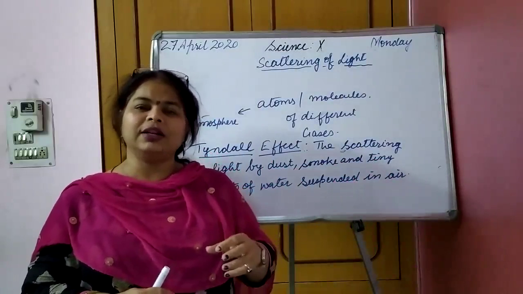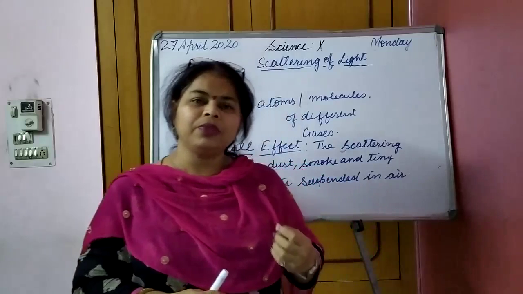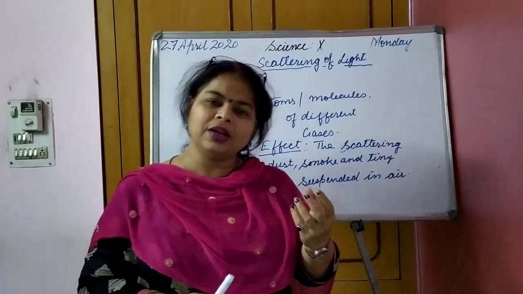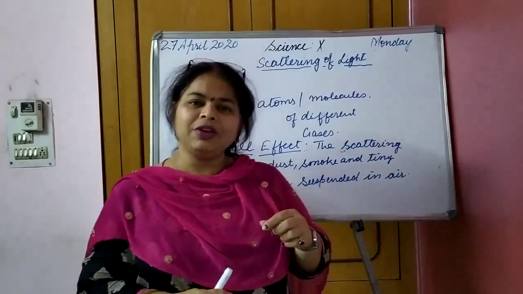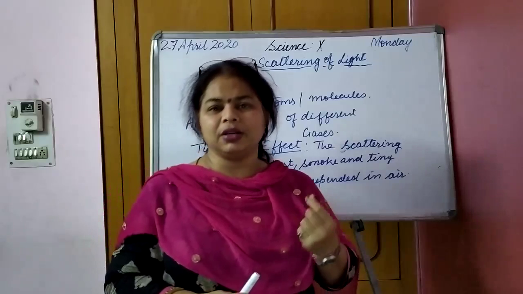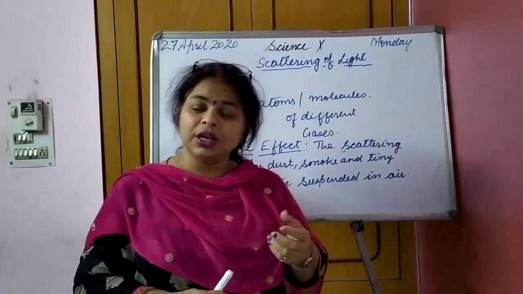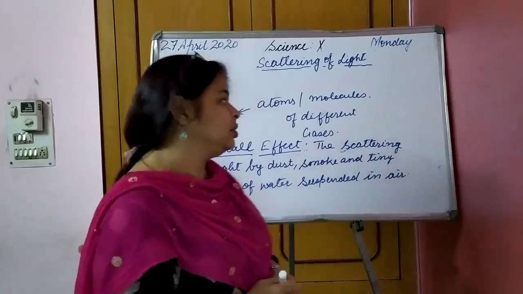They are going to scatter light of different wavelengths. Very small wavelength light, like violet, indigo, blue, will be scattered by very small particles. And the large particles are going to scatter the larger wavelength, like red.